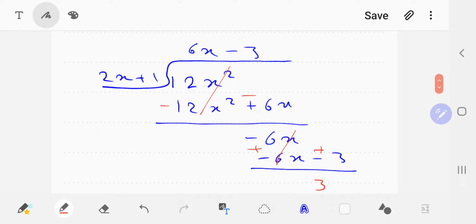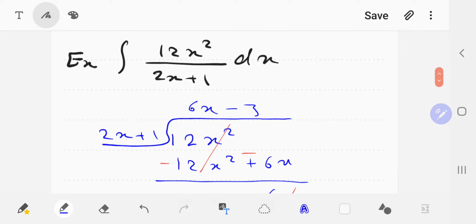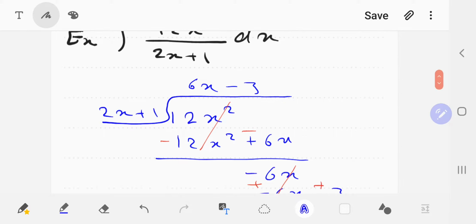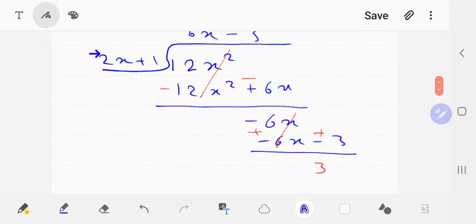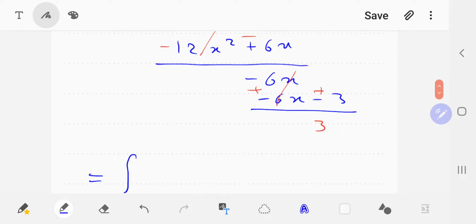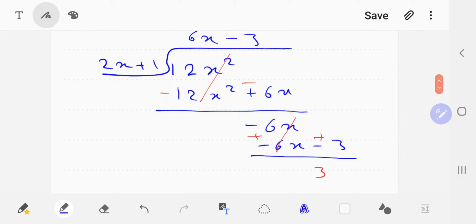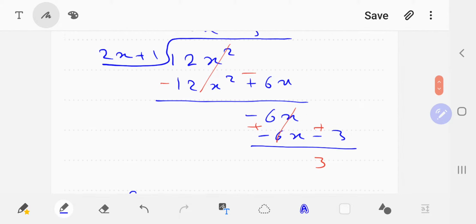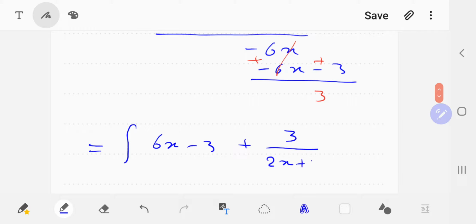Now, how would that help me in the integration? Now, instead of having all of this expression, we have the answer of integration here. So the division is equal to 6x minus 3 plus the remainder divided by the divisor. So my integration is now integration of 6x minus 3 plus the remainder over the divisor 2x plus 1, all depending on x.